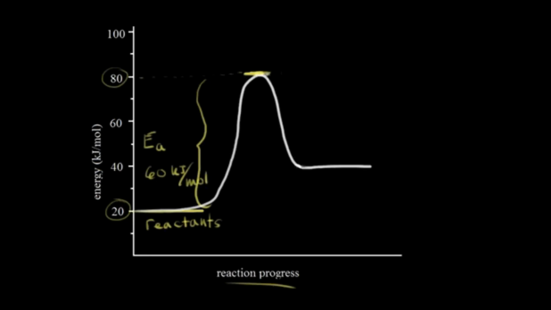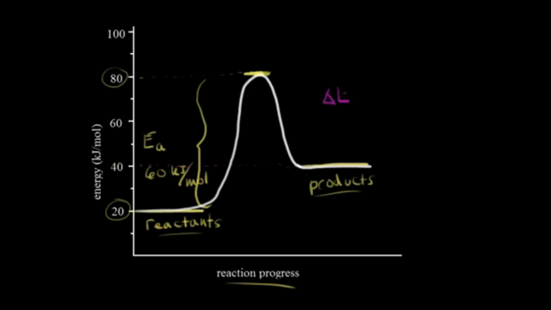and then this would represent the energy of our products. So this is our energy of our products here, which for this reaction, you can see the energy of our products is greater than the energy of our reactants. And so if we go over to here, let's say it's at 40. So let's say this level is at 40 kilojoules per mole. So what's the change in energy here?